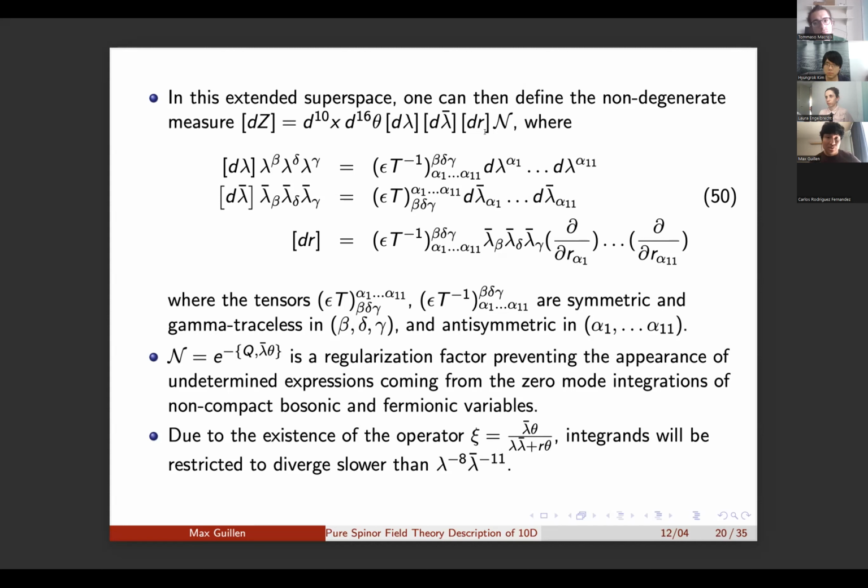That's why it's important to introduce this factor N. Okay. So because of that, we need to restrict our integrands to diverge lower than this expression here, lambda to the minus 8, lambda to the minus 11. Otherwise, we need to change the regularization scheme.